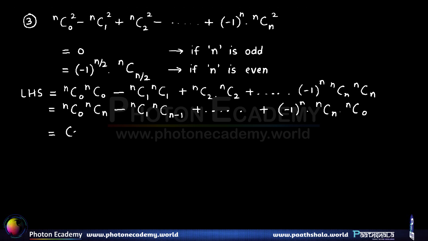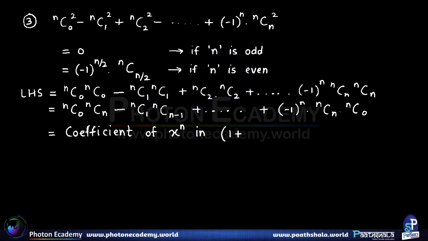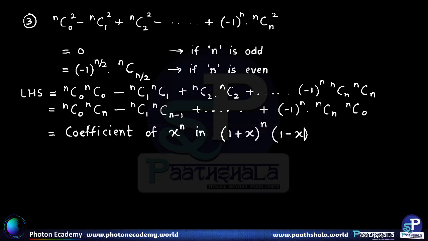So therefore we can reason out that this particular expression is the same as the coefficient of x raised to n in the product of, see the first series in which all the terms are positive we will consider as (1 plus x) raised to n, and now the second series in which we want the alternately positive and negative terms has to be (1 minus x) the whole raised to n, because when the second term is negative we will get alternately plus and minus terms.